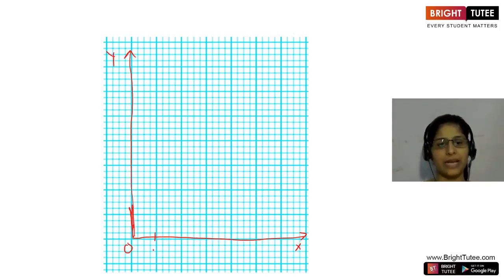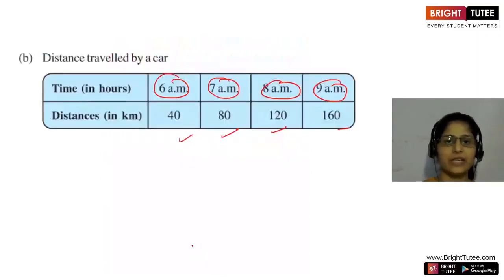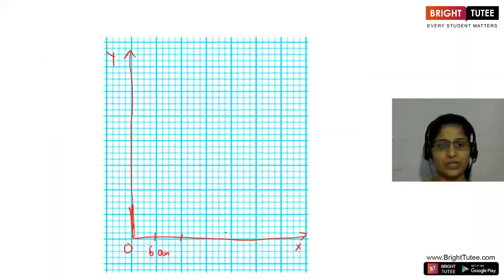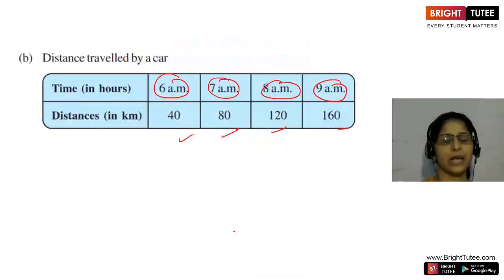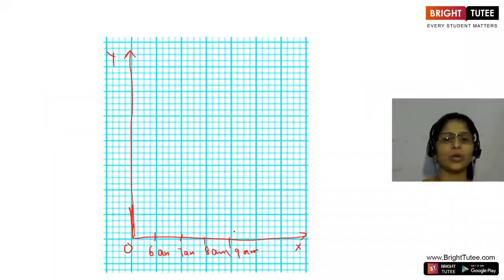So what do we have now? We have the time as 6 a.m. Then the second time that we have is 7, 8 and 9. So we'll write 7 a.m., then 8 a.m. and then 9 a.m. These are the times that are given. Now 40, 80, 120 and 160 are the distances that are given to us.